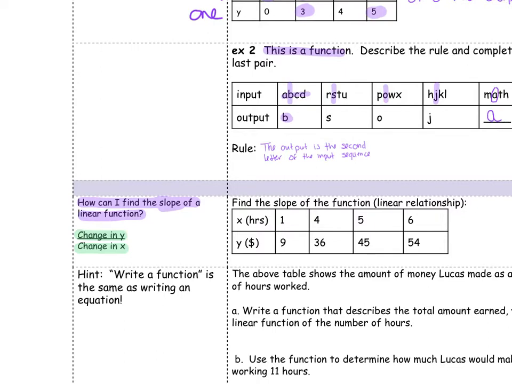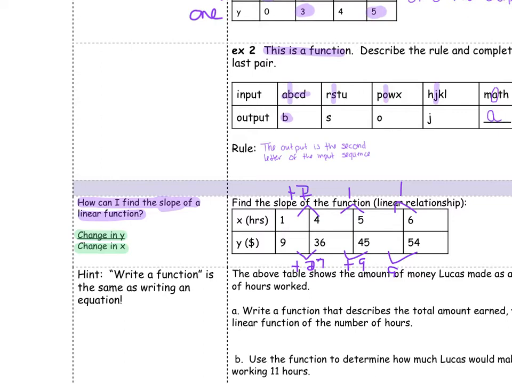So here, what's happening to y? Here I went up 18, I went up 27 for 4. And I went up 9 for 1. And I'm going to go back because I can't count.